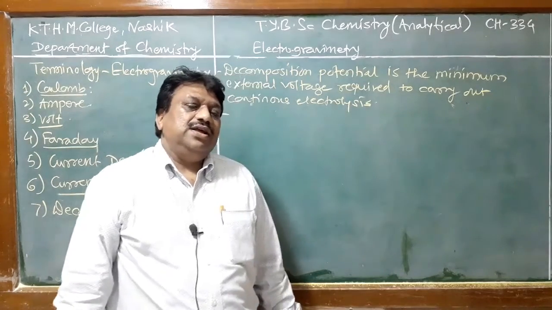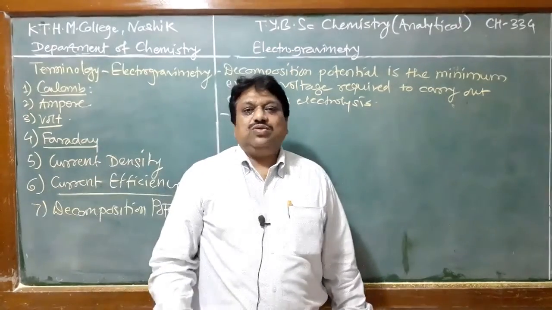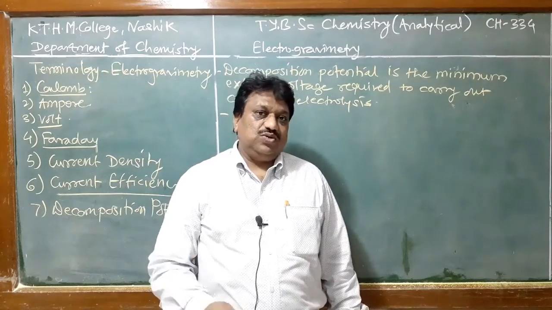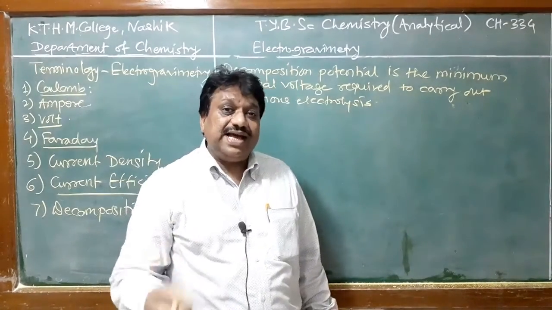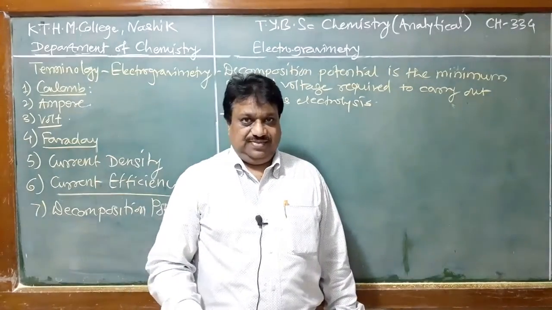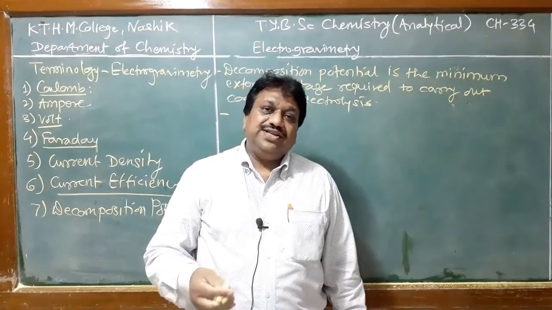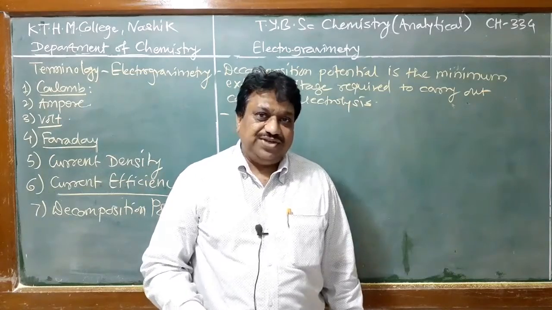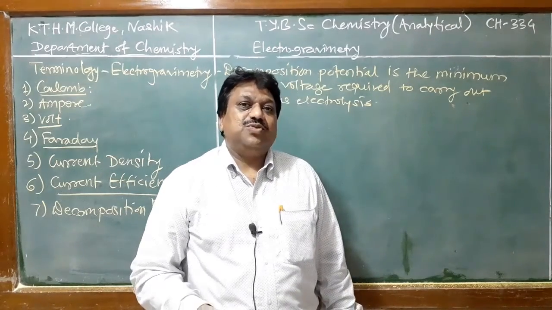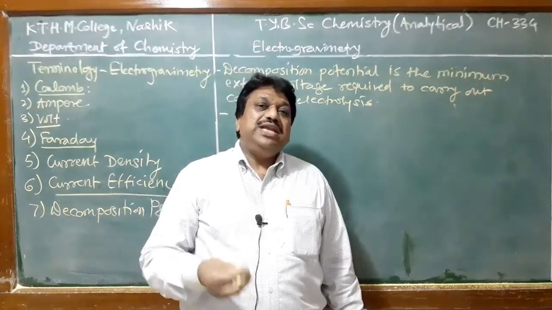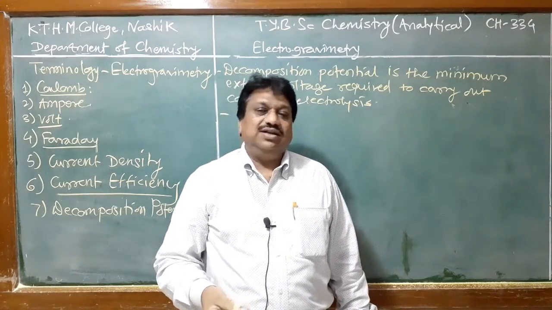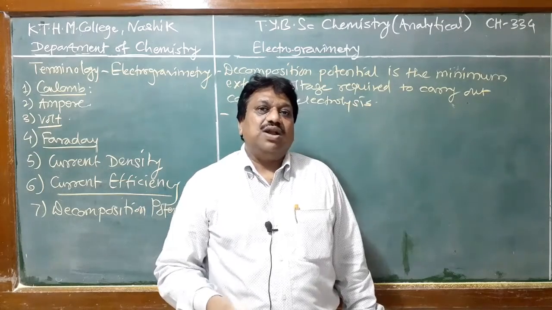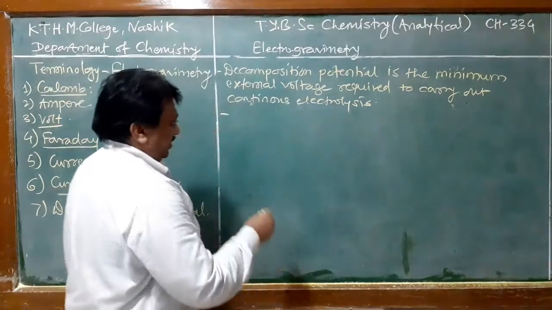Therefore, to carry out electrolysis in that cell, we have to increase the potential greater than the galvanic cell potential. When the potential reaches more than the galvanic cell potential, the electrolysis process starts. Therefore, the minimum external voltage required to carry out continuous electrolysis is called the decomposition potential.